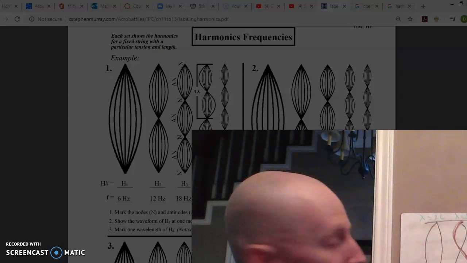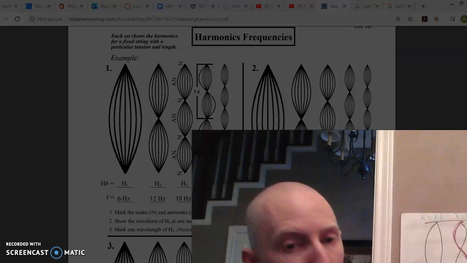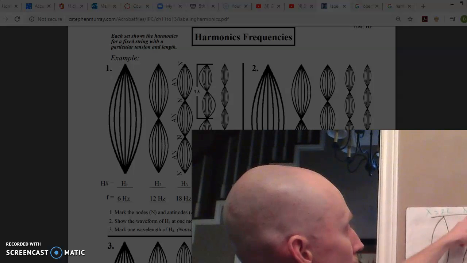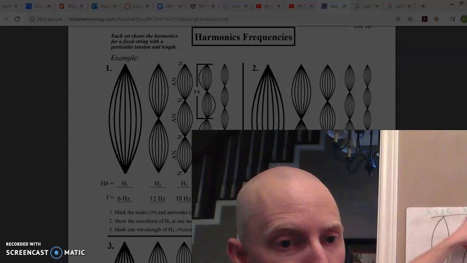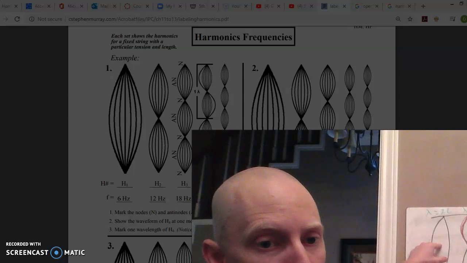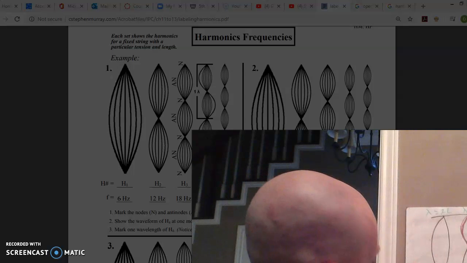The second harmonic is the only one where lambda and L are the same. For the first harmonic, or your fundamental, you would need a whole nother big wave.